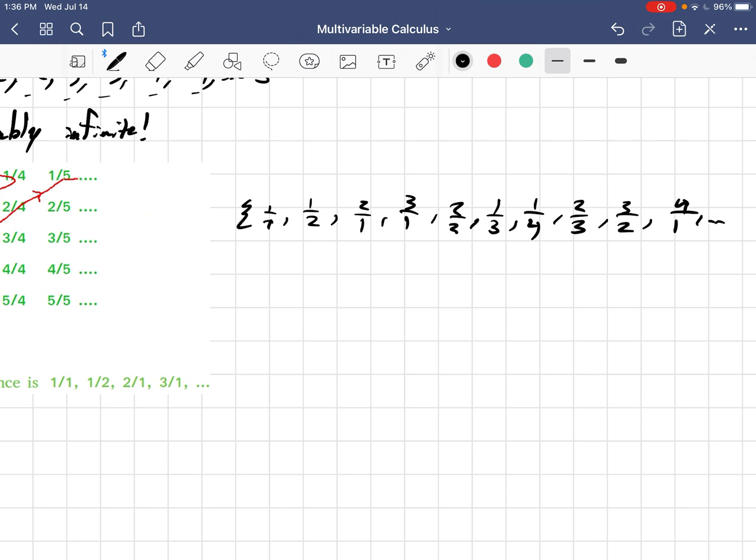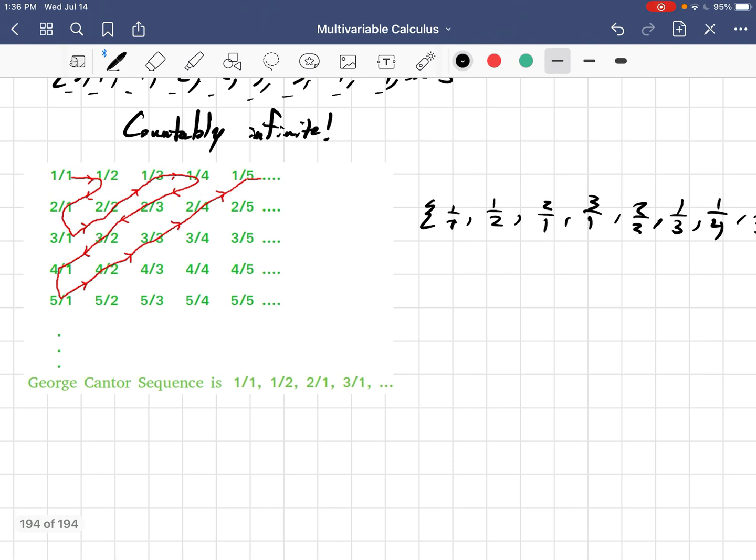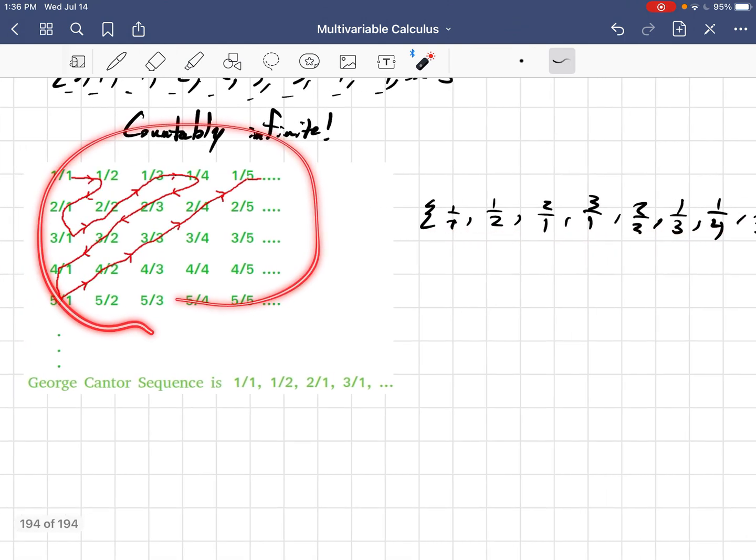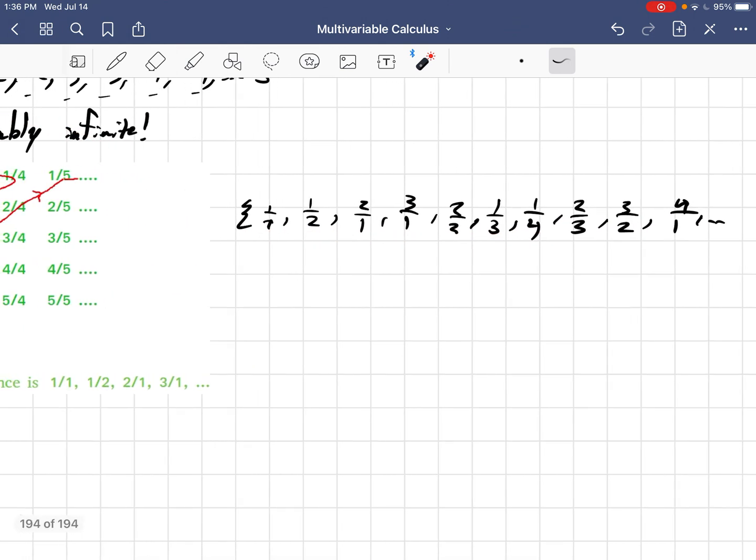If I didn't have this picture in the back of my mind as to how I'm writing those numbers, this would seem like, whoa, what are you doing? But when you think about it in terms of this picture here, it makes a whole lot of sense.